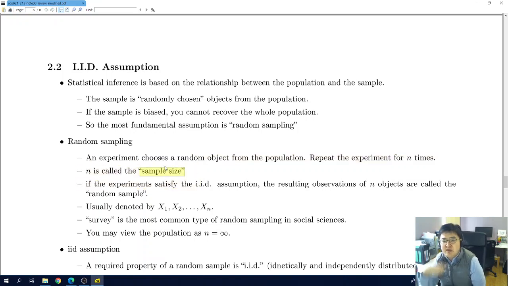And in this repetition, the repetition has to satisfy two assumptions. I will explain that later. The results are denoted by x1, the first outcome is x1, and in the second experiment x2, and the nth experiment will generate xn.